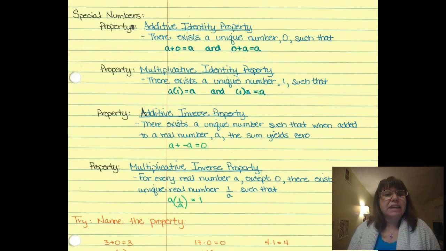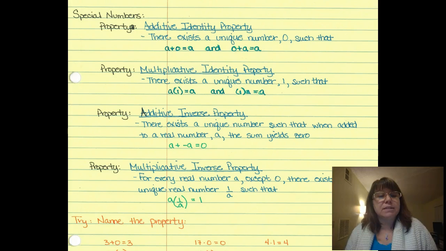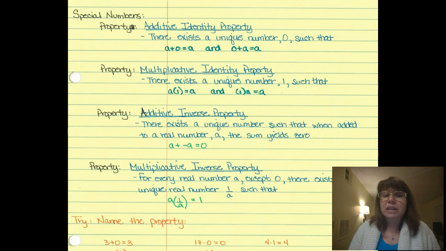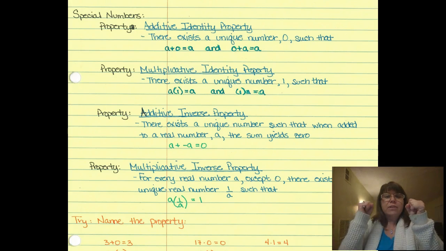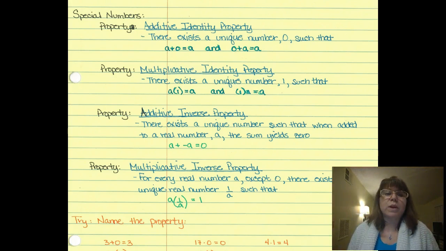The additive inverse property means that there exists a unique number such that when you add it to a real number, a, the sum yields 0. So what does that all mean? Well, if I add this number, a, and I add another number, and when I add them up, it will be 0, the only way to do that is with the opposite of a.